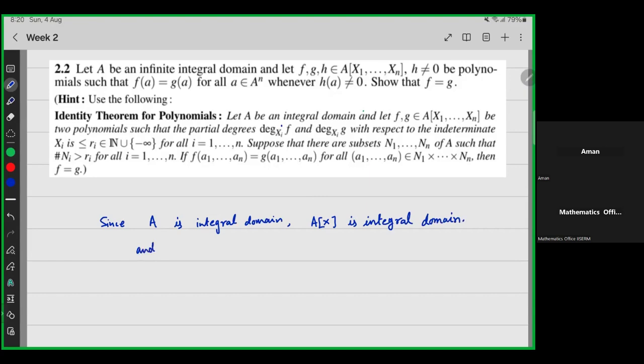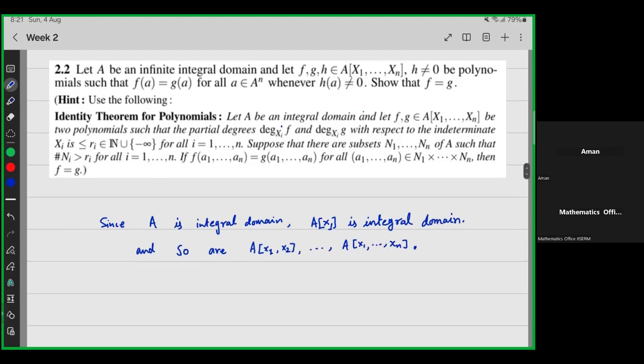And so are A[X1, X2] up to A[X1 to Xn]. Okay, these are all integral domains. This we have seen in the first week.